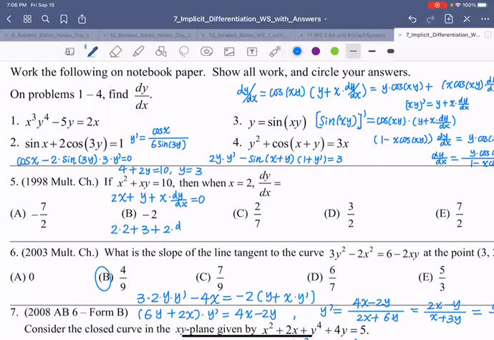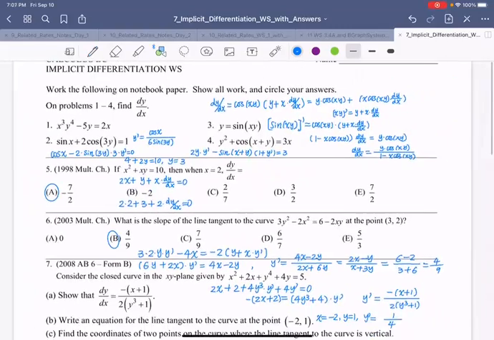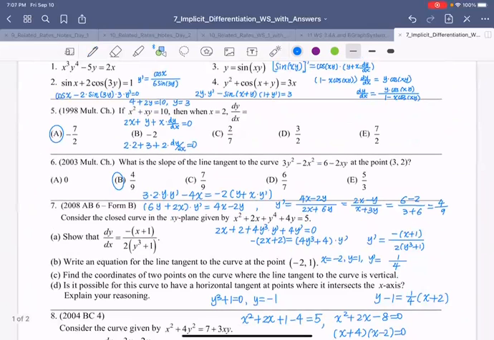Plus 2 times dy over dx equals 0. How much is dy over dx? It's -7/2. So dy over dx is -7 over 2. There you go. This makes sense now, right? Yes. Okay, now let's do the next one.